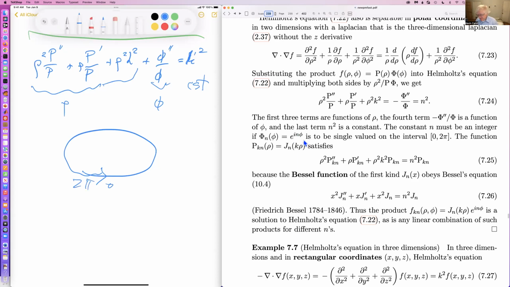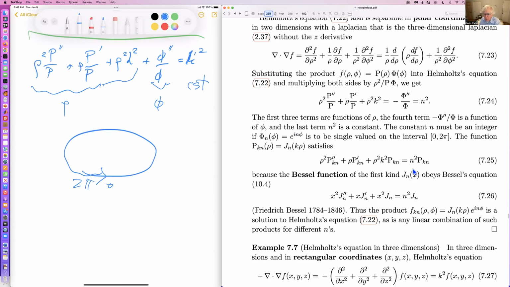If all values of phi from 0 to 2 pi are in the physical region, then we need n to be a constant so that e to the i 2 pi n is 1 again. And that means that n has to be an integer.